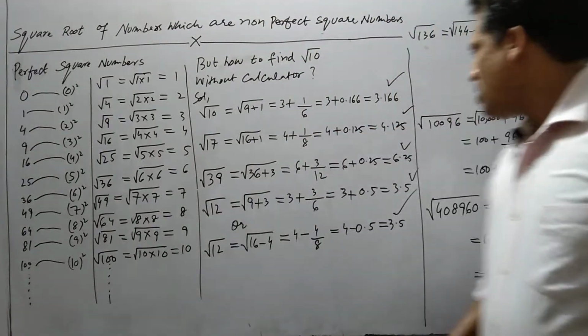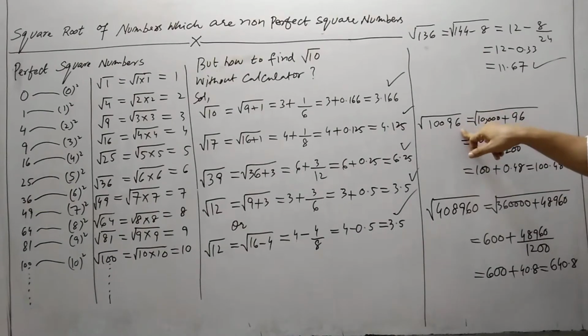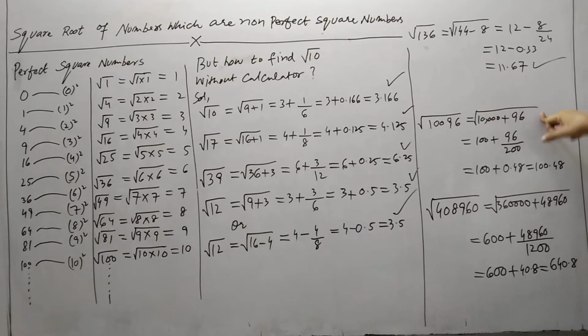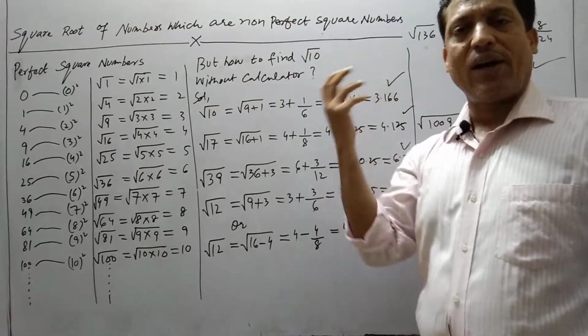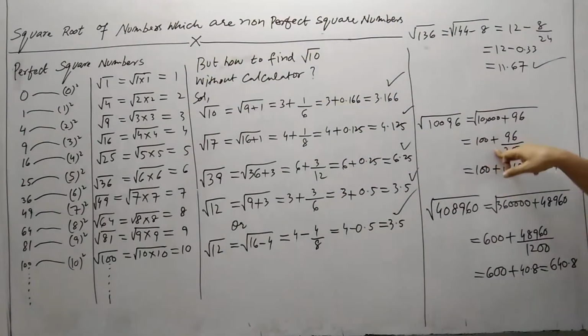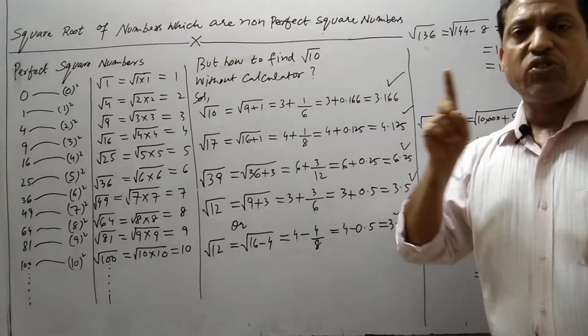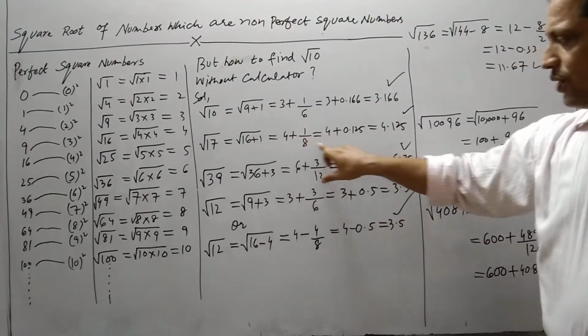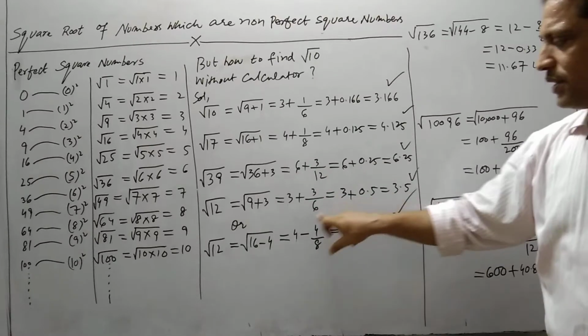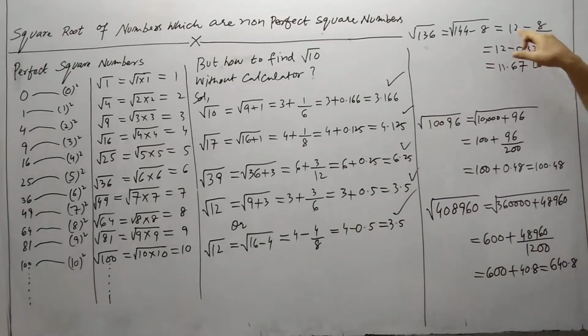I will assure you. So 10,096 can be written as 10,000 plus 96, and you know 10,000 is a perfect square number, and the square root of 10,000 is 100, plus this 96 as it is, and multiply this 100 by 2. You know we should multiply by 2 by this number. 100 2s are 200.